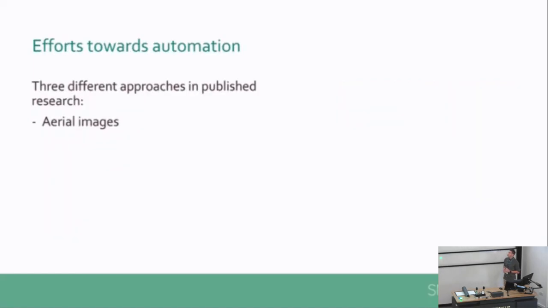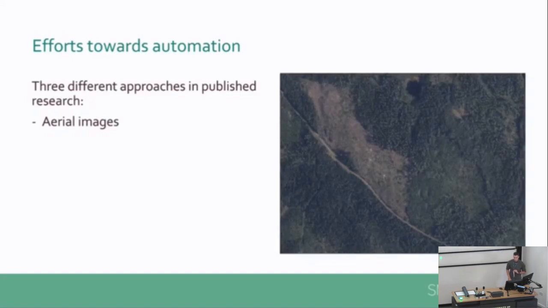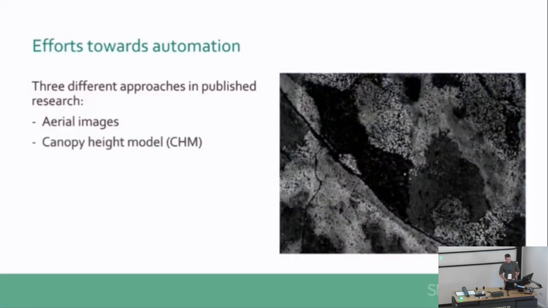So we looked at the published research. One approach uses aerial images, like this. You can see different textures and spectral differences, and you can start to make some shapes, but it's a bit difficult. Then you have the problem of shadows, creating issues in distinguishing even the crisp borders. Another approach uses a canopy height model, which also gives a lot of information, but it becomes difficult for certain classes.